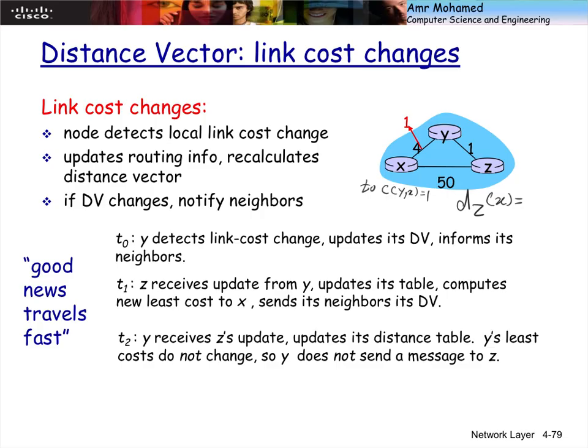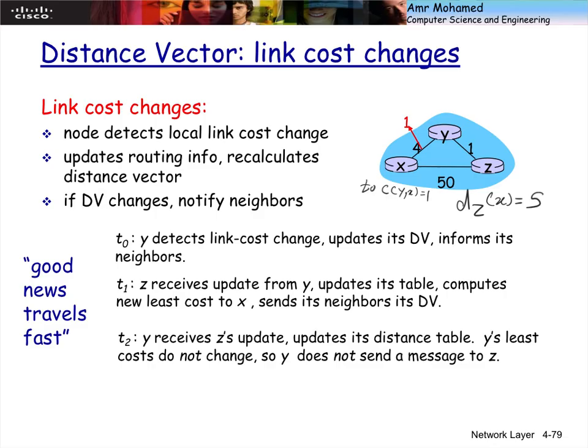It will send what it knows. It will not send the update. So node Z will report to Y that it has a distance to X which is 5. And this is actually through Y. Look, the interesting thing now is that Z will report to Y that the distance to X is 5. Where did 5 come from? 5 is 1 plus 4, which is the old cost. That's what Z has, right? And it's actually to go through Y.